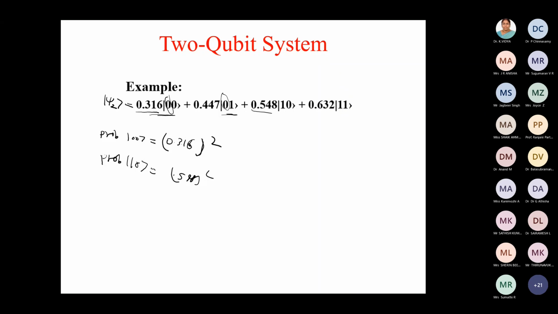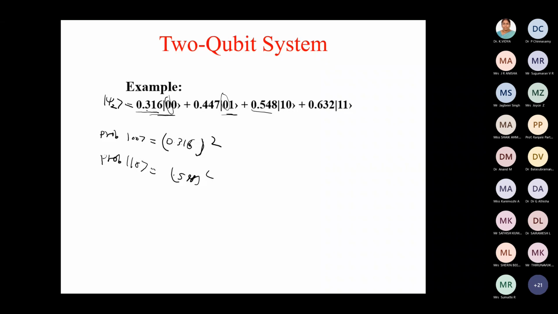So what is the most likely state on measurement? The third, the fourth one, sir. No. One. Which one? Whichever state has the highest mod square. I think this 0.316 has the highest value.